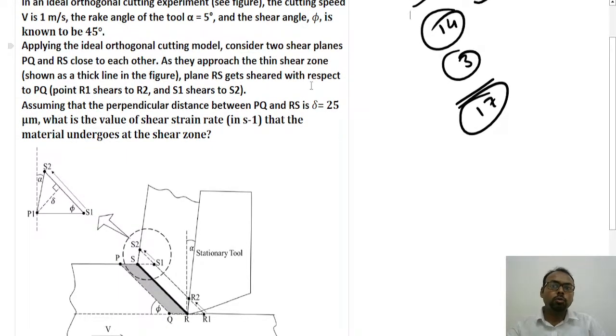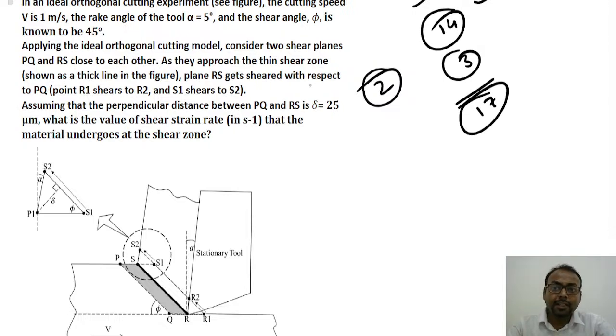So now let's go to the next question, question number 4, which is asked for 2 marks. Here you see what this question is saying: in an ideal orthogonal cutting experiment, the cutting speed V is 1 meter per second.